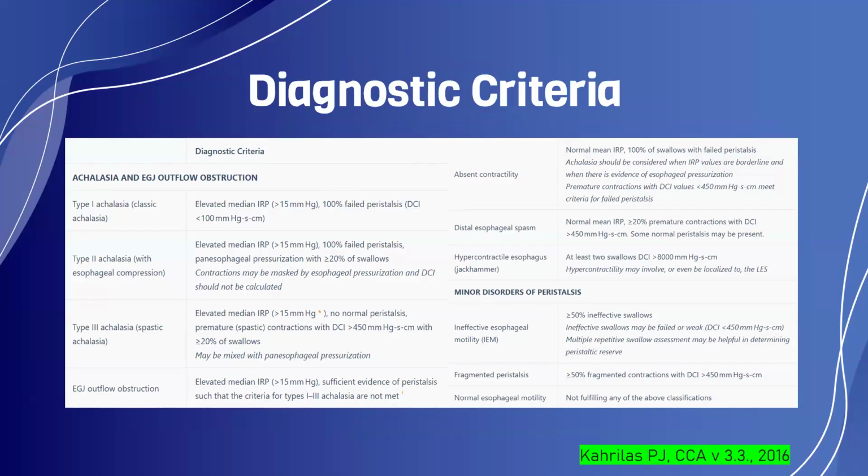And also there will be panesophageal pressurization with more than 20% swallows. And type 3 will be there will be no normal peristalsis, and the distal contractile integral will be more than 450 mmHg. We'll see all of them in detail.